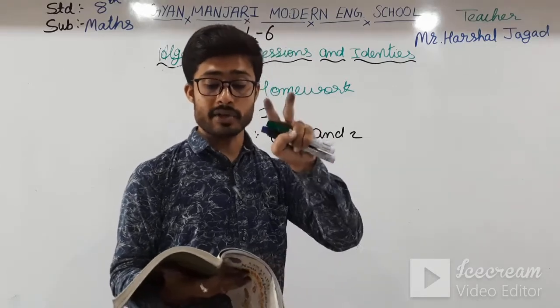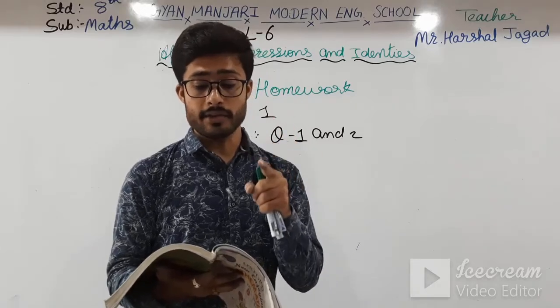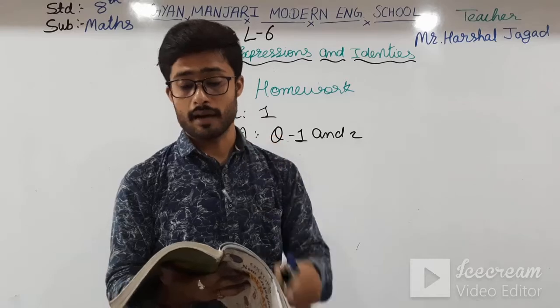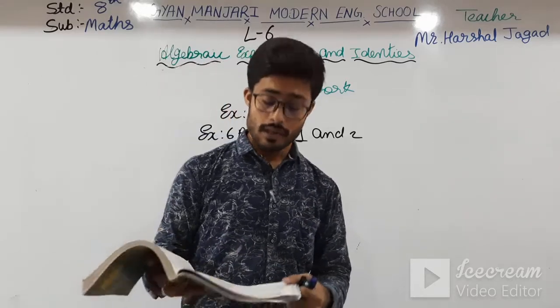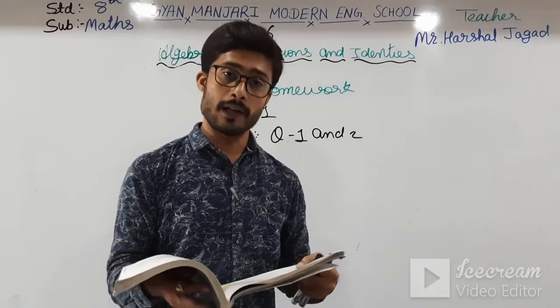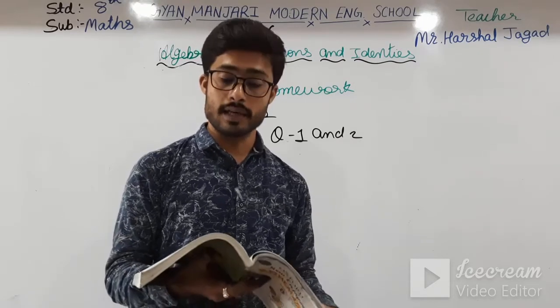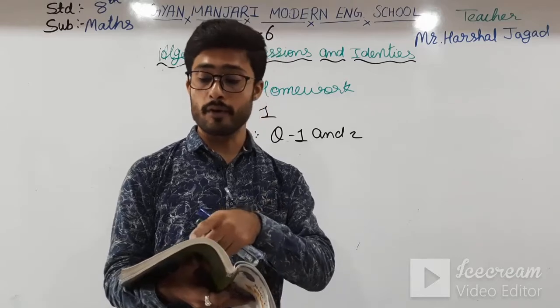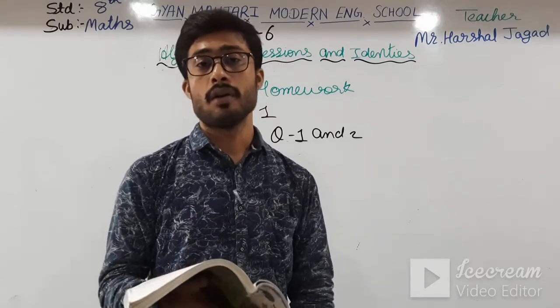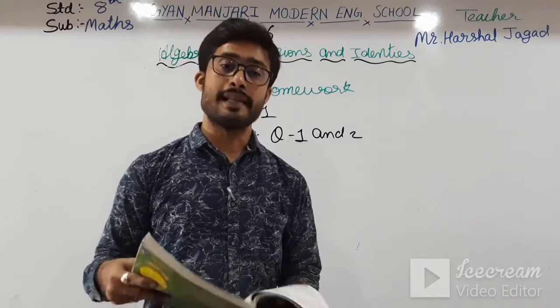And in question 2, state which of the expressions in question 1 are monomials, binomials, trinomials, and not polynomials. You have to first say which are polynomials, and then divide them further. Okay students, this is an easy one.